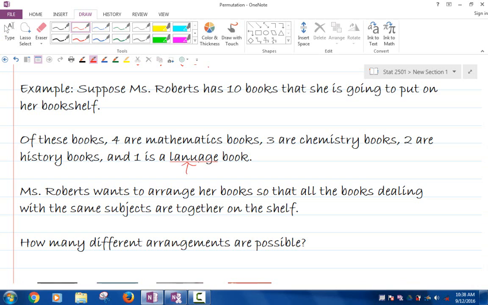Is everybody clear on the question? So she has 10 books. 4 are mathematics books, 3 are chemistry books, 2 are history books, and 1 is a language book. If this bookshelf belonged to me, I wouldn't have any chemistry books in it. The other ones are okay.